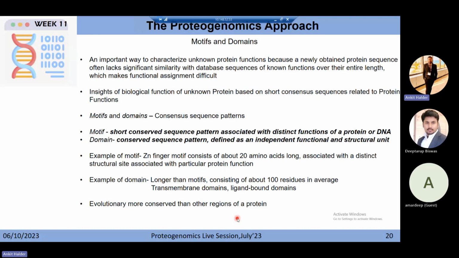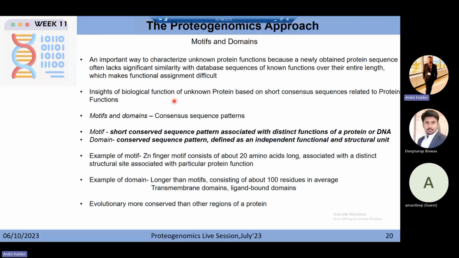Just from basic bioinformatics, if we brush up, because some of you may be unfamiliar with the terms motifs and domains, what exactly do they mean? Motifs and domains are an important way to characterize unknown protein functions. So why suddenly motifs?